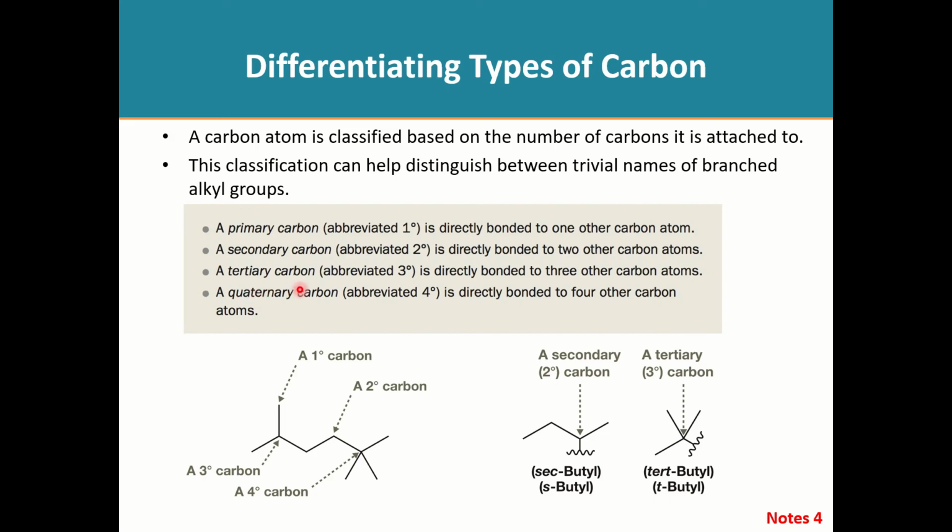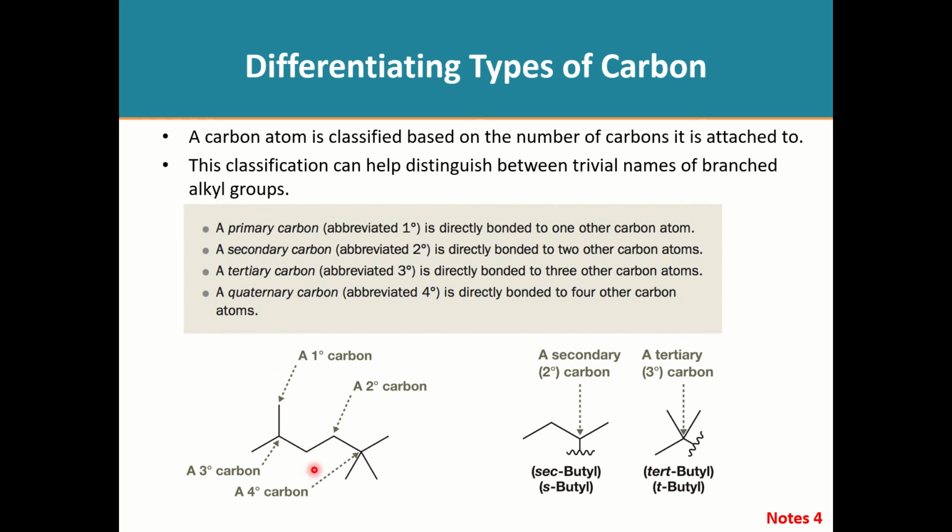And being able to identify what type of carbon you have is essential for your success in this course, because certain reactivities and certain reactions will occur or not occur depending on the classification of the carbon.